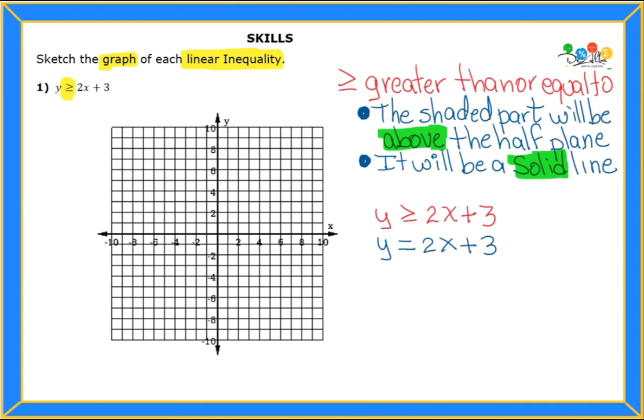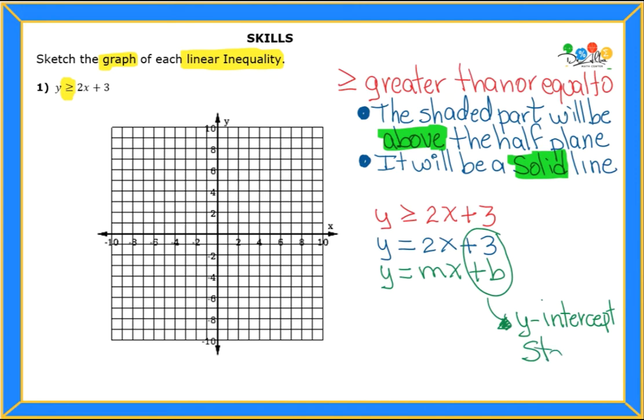So right below that, I want you to write down the slope-intercept form. And the slope-intercept form looks like this: y equals mx plus b. And this is going to tell me where I'm going to start, because remember, this is your y-intercept. And the y-intercept tells me where to start graphing.